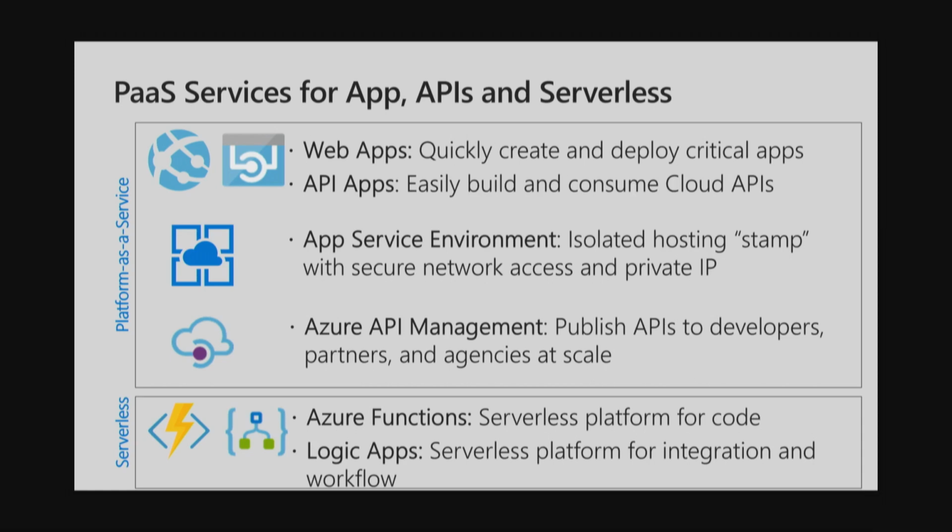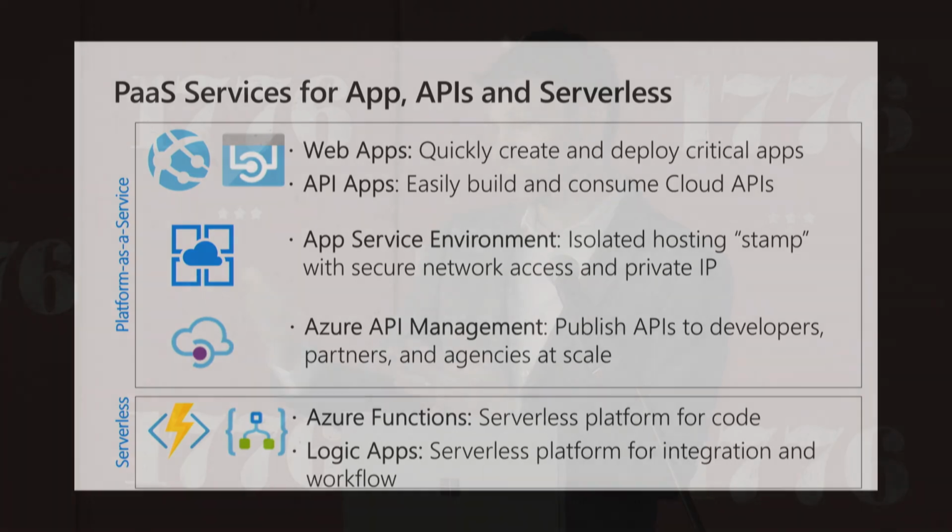So web applications, you can deploy pretty much applications that you would be building in Node, Java, C#, IIS applications that you want to move into the cloud. API apps, which are pretty much not UI applications. They're the back-end things that can drive the APIs of your organization. There's a nice PaaS service that helps make that easy to deploy.